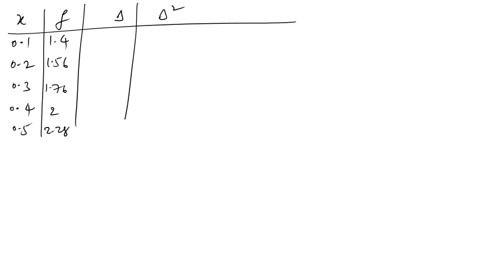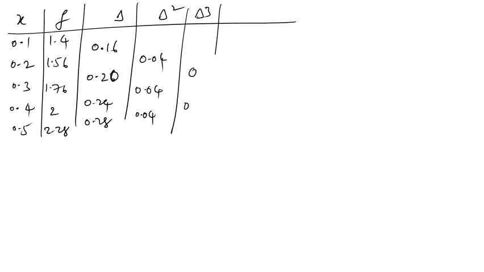What are the first differences in between these? The differences between f values are 0.16 and 0.20, this is 0.24 and this is 0.28. Next, del square values are 0.04, 0.04, 0.04, 0.04, and del cube, this is 0, this is 0, and del power 4 is 0, right?